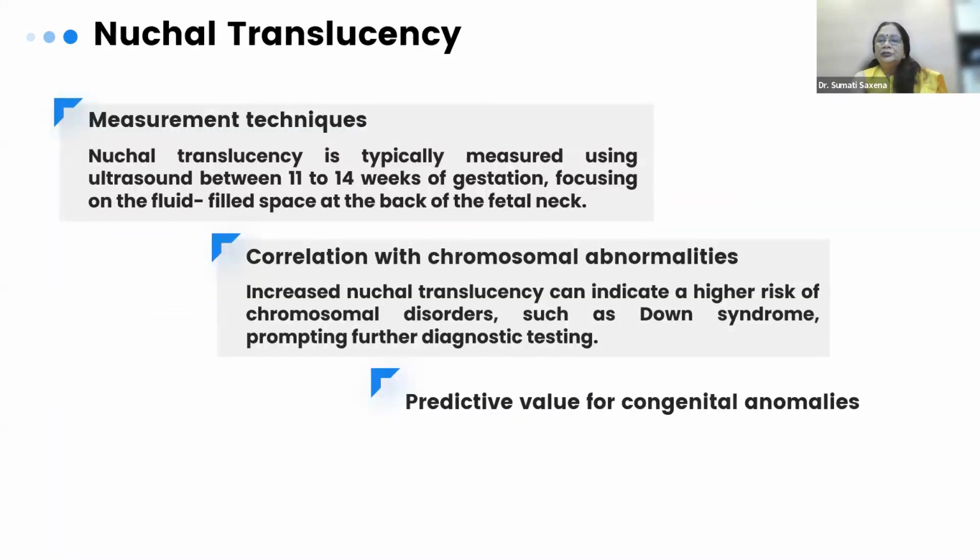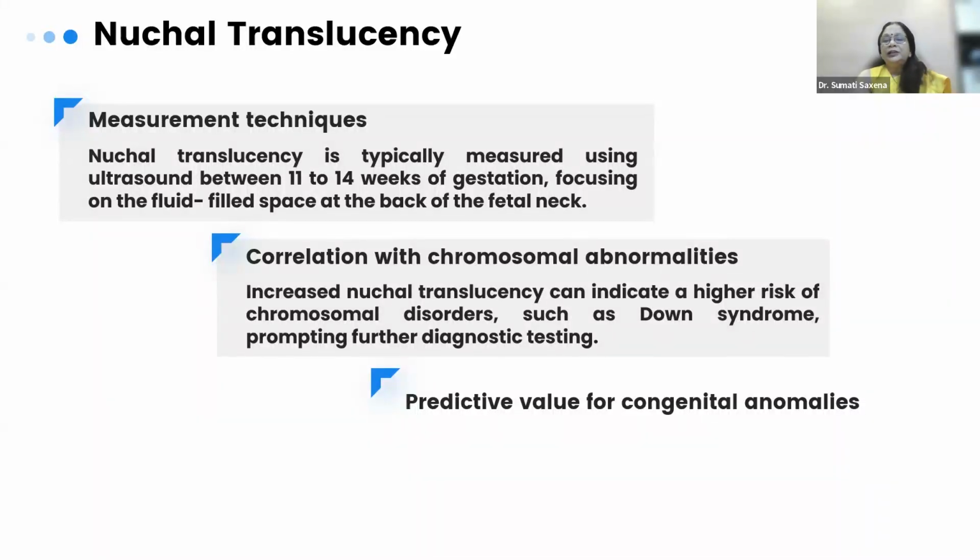So, nuchal translucency. What is nuchal translucency? Nuchal translucency is a collection of fluid behind the neck of the fetus. On ultrasound, it is seen as a translucent area behind the nape of the neck. If it is more than the 95th percentile for that gestational age, then it is increased nuchal translucency.